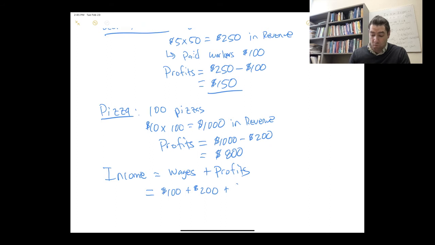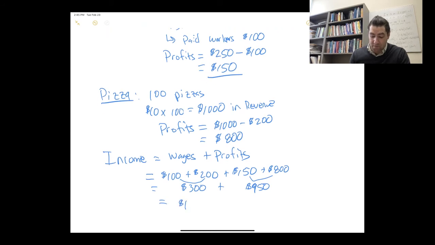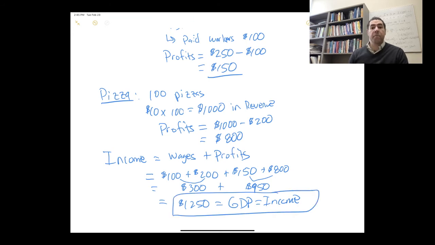Profits were 150 from the beer producer and 800 from the pizza producer. So we have $300 in wages plus $950 in profits, which adds up to exactly $1,250, which was also our GDP, which is thus also our total income, right?